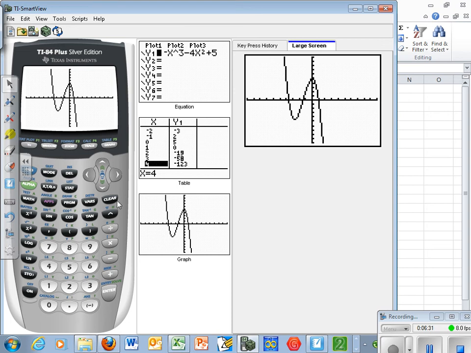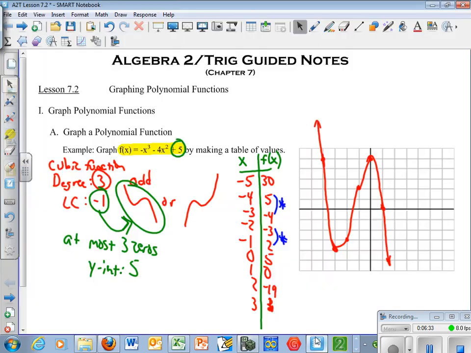So let's go back here. And we'll get into this on the next problem, but notice this one actually has 3 zeros. This problem is just asking us to graph it, so we're basically done with the problem, but we will be finding zeros in the next problem or two.